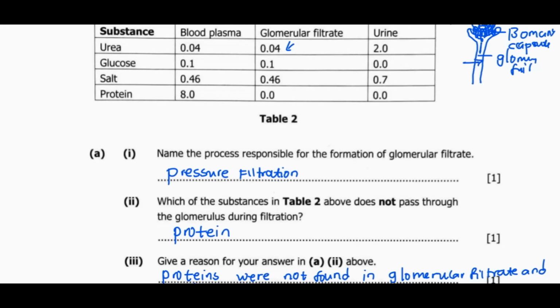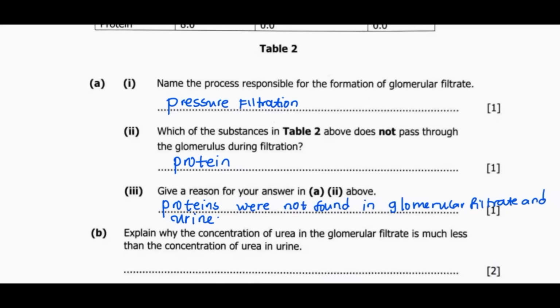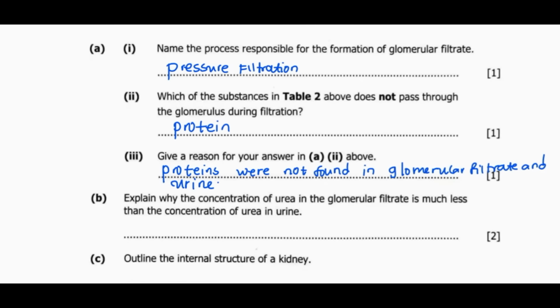The reason is that for urine to form, processes such as selective reabsorption must also be done. By the time some of the useful substances have been reabsorbed back into the blood, the only substances that remain are the urea and other waste products that form the urine. So that's the reason.